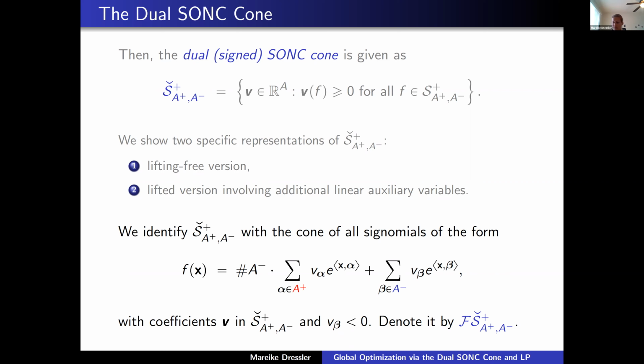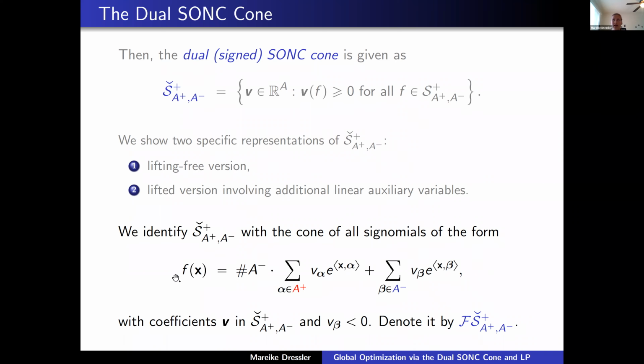So again, since we now want to somehow identify this dual cone with a cone of zignomials, we just say, okay, we take these zignomials now as living in the dual SONC cone where the coefficients lie in this dual signed SONC cone.